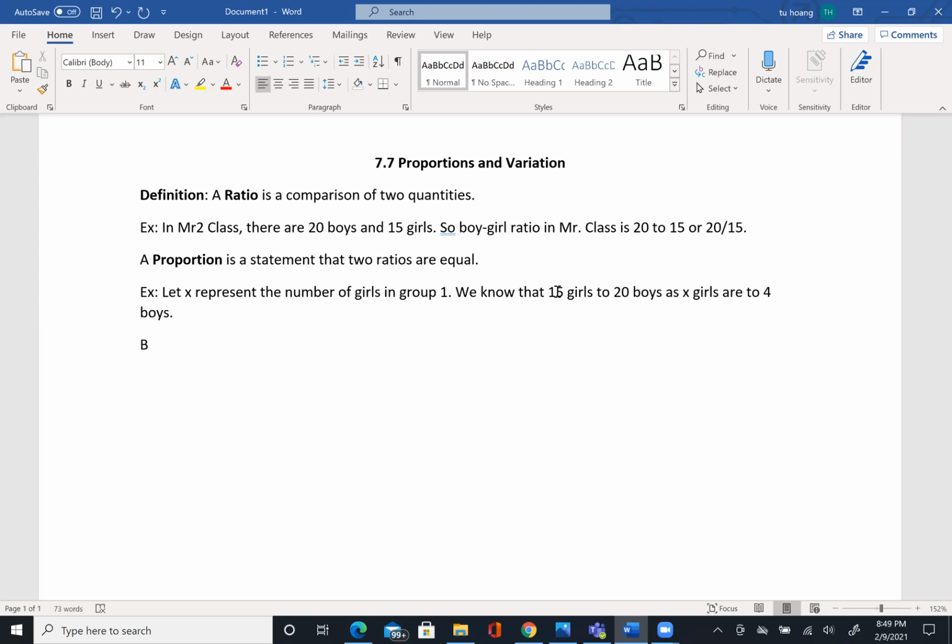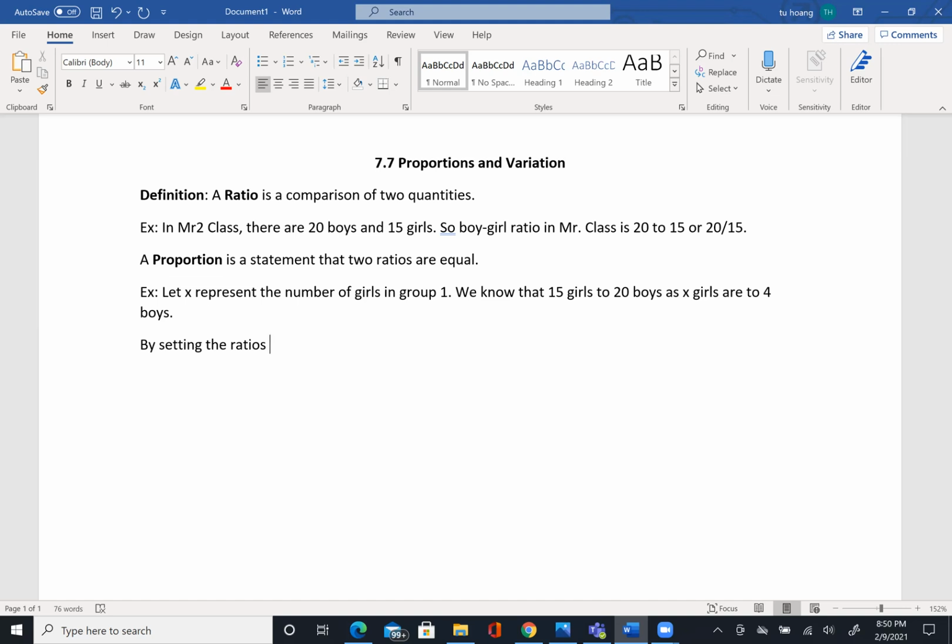We want to find x. I'm going to do it by setting the ratios equal to each other. Let me write it better.